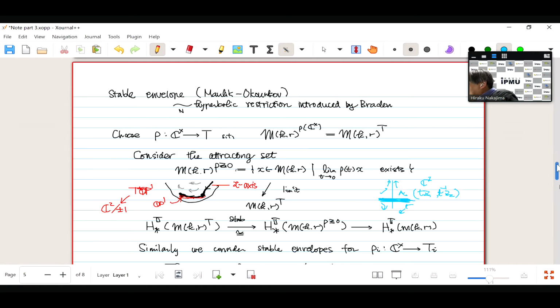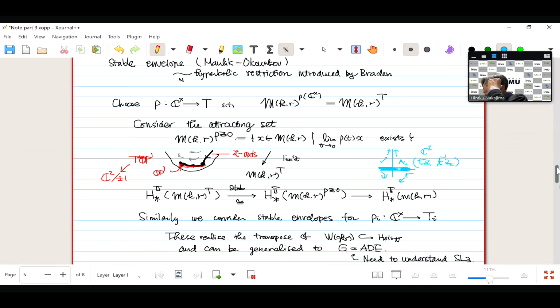Then this stable envelope gives an isomorphism between the equivariant homology of the fixed point set and the equivariant homology of the attracting set. The fixed point set is of course fixed, so it is a subset of the attracting set.